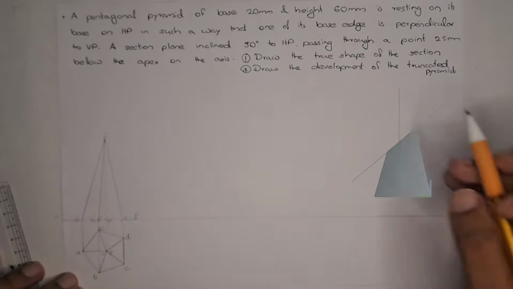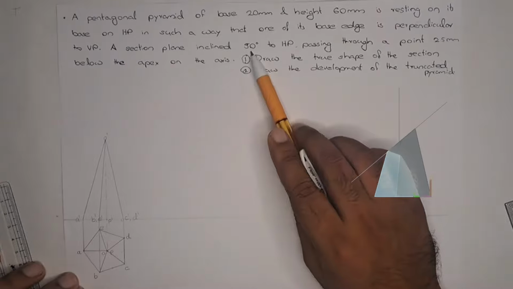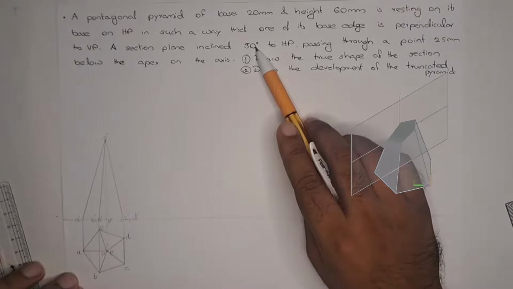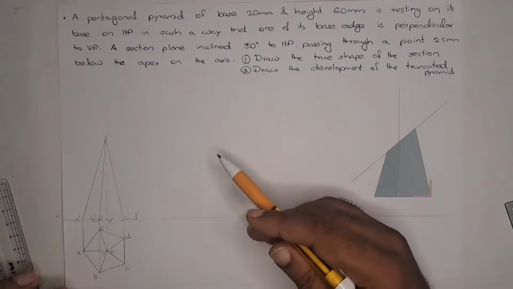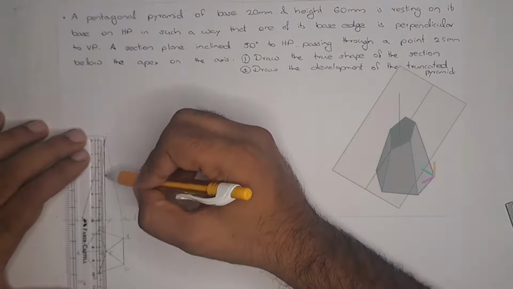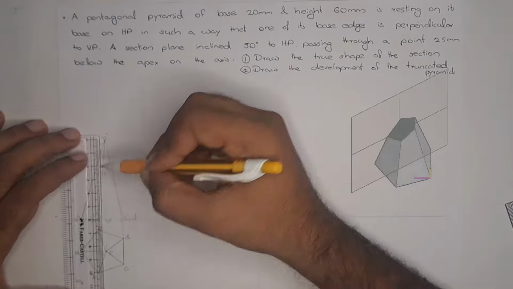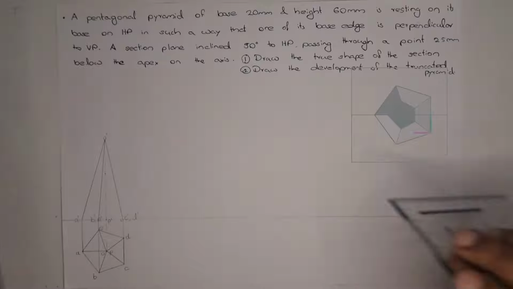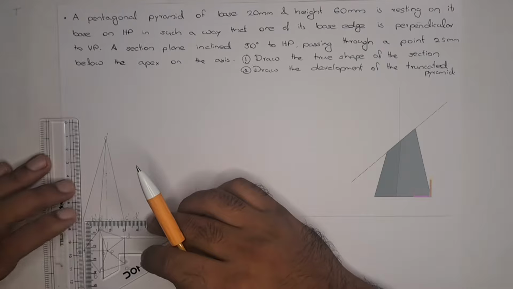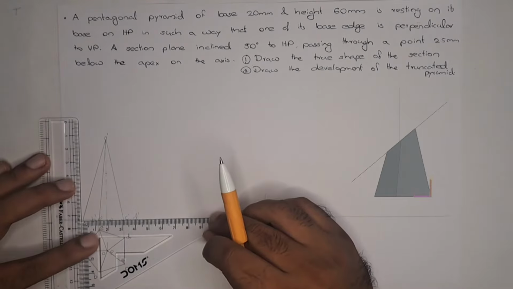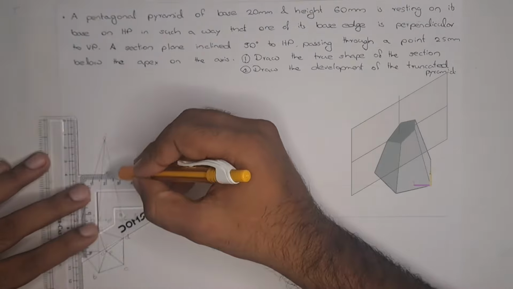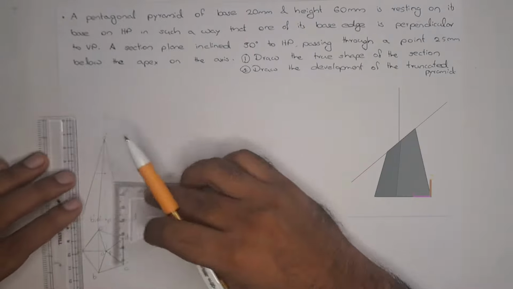Now the section plane is passing through the point 25 mm below the apex on the axis and 50-degree inclined to HP. So we have to mark the point 25 mm here. This is the reference line.